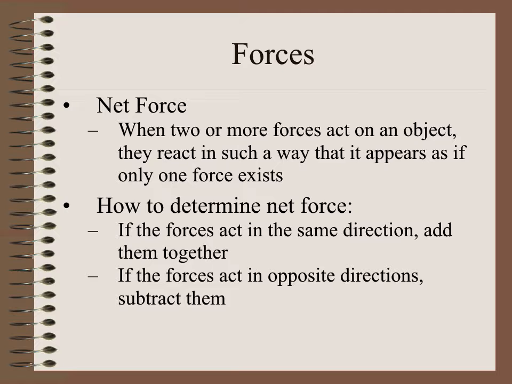So your friend comes along and he pushes with 1,000 newtons of force, hopefully in the same direction. So you now have 500 newtons and 1,000 newtons both acting in the same direction. We would add them together and get 1,500 newtons. The car experiences really one force of 1,500 newtons acting on it. So it appears to the car as if there's really only one force.